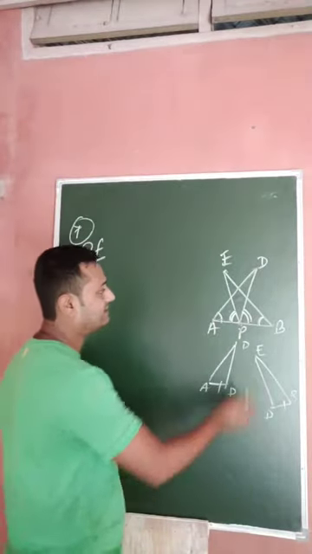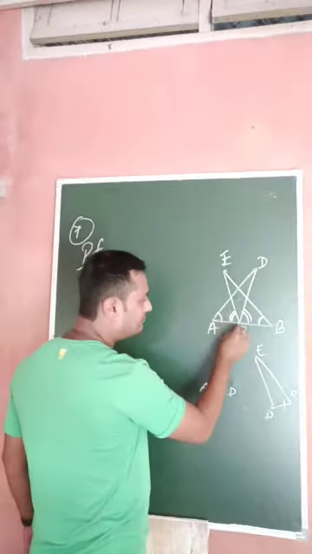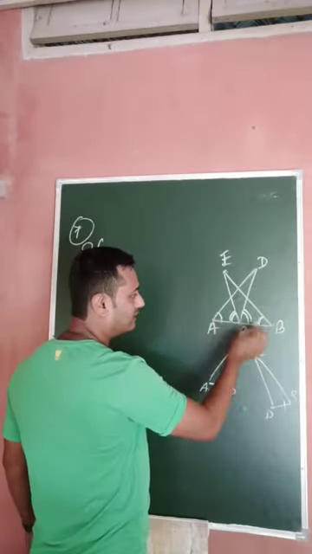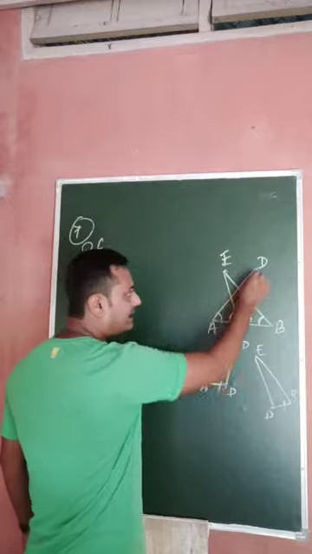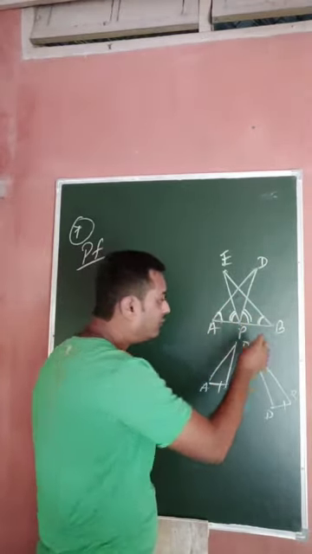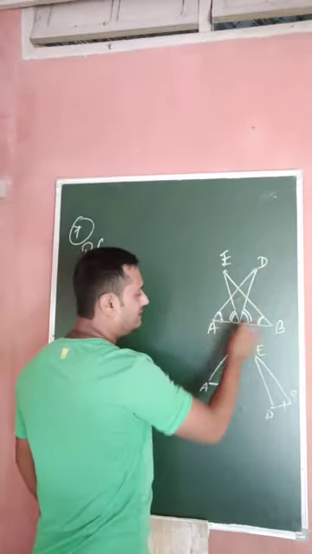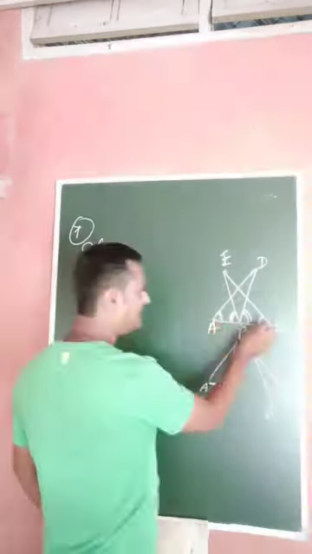Again, another thing is given, that BAD. Instead of BAD, you can write PAD also, or DAP also. Since this angle BAD is equal to this angle, it is given in the form BAD. So instead of BAD, you can write PAD, and instead of ABE, you can write PBE also.